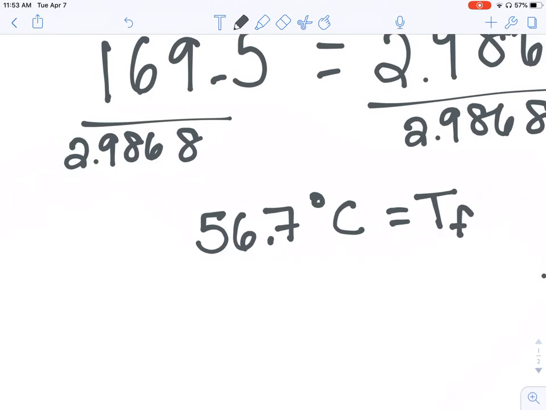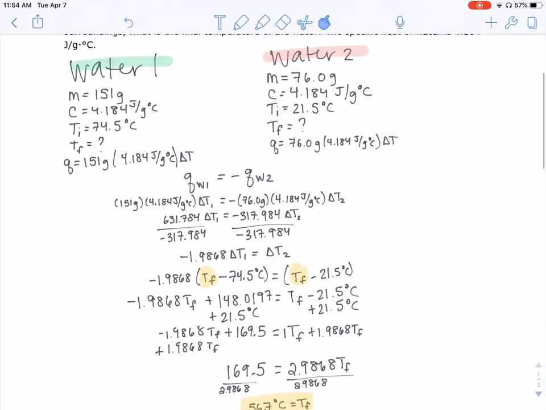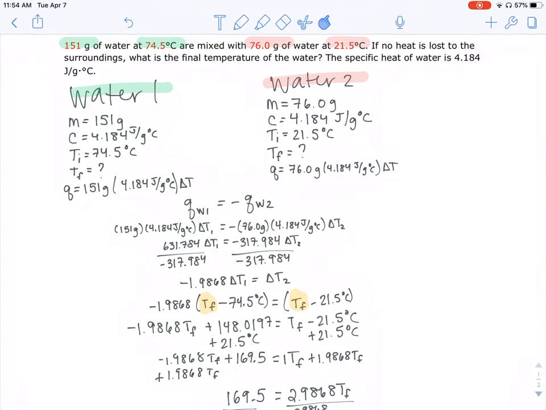All right, so this will be the exact same process you would use if you had two different metals. You would just have two different C values along the way. The only reason I have the exact same C value for both my substances was because they were both liquid water. So they have the same specific heat that we're dealing with.